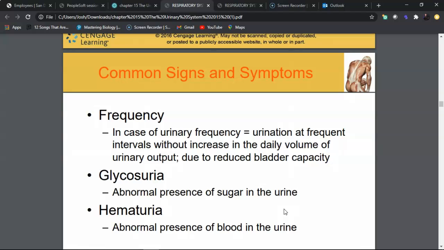We've talked about glycosuria. That's a condition where we have diabetes and we have an abnormal presence of sugar in the urine. Then we have hematuria, which is the abnormal presence of blood in the urine. I mentioned that a little earlier. That can be a sign of infection. It could also be a sign of bladder cancer, a kidney stone, or even some contamination from menstruation.